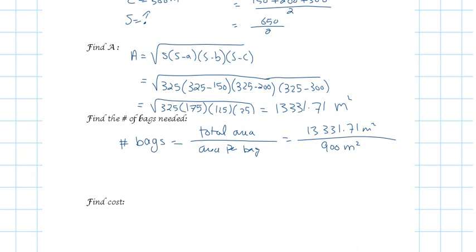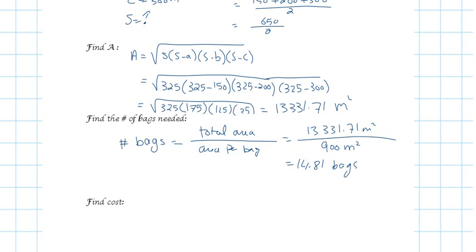14.81? Yes. So you're going to go to Home Depot and tell them I would like 14.81 bags. 15 bags. Okay, good. So here are scenarios where you have to round up, no matter what. Even if you got 14.1 bags, you're going to have to buy 15. You can't say, well, rounding down because it's 0.1, so I don't need to get 15.